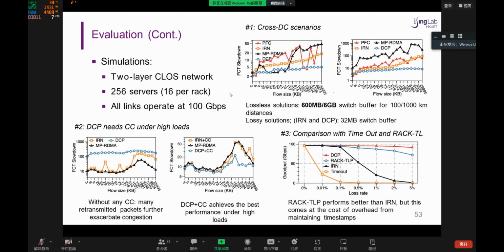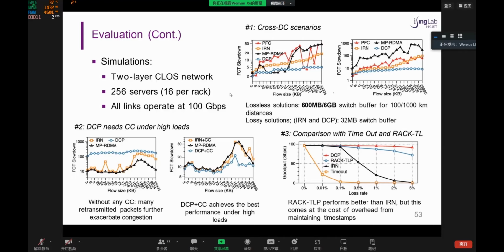We enlarge the switch buffer and allocate a very large headroom for PFC to work.